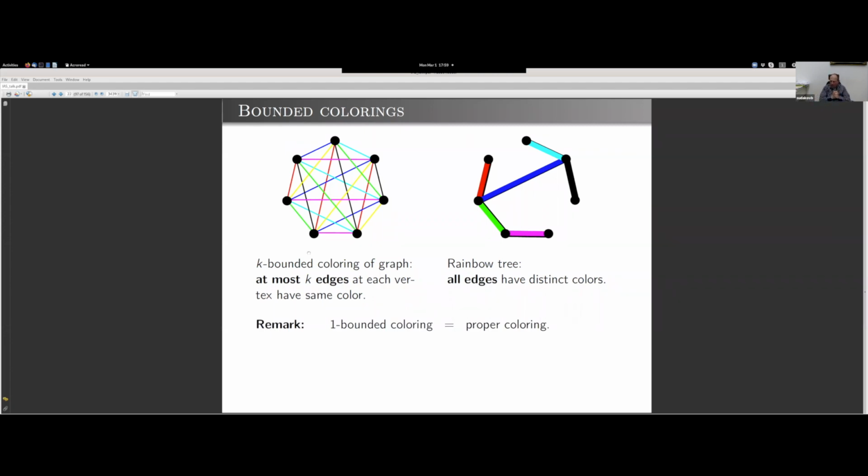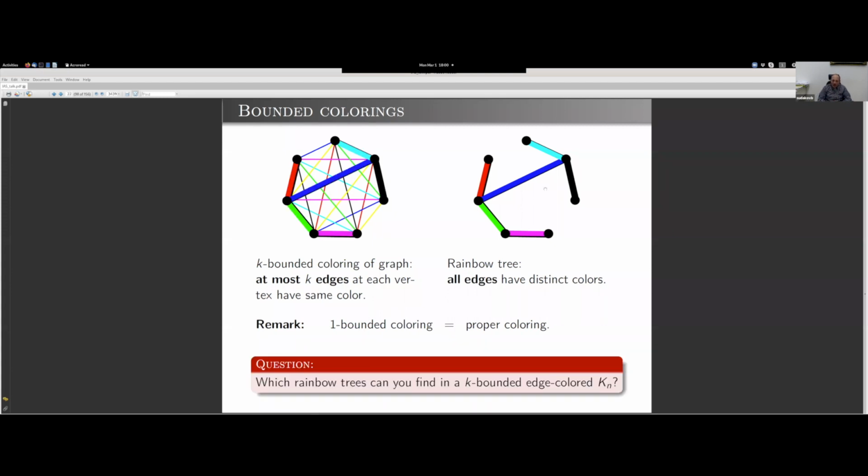For me, my k would usually be fixed. So what I want to do is look at the complete graph on n vertices, with an arbitrary k-bounded coloring. You give me your favorite tree, and the question I want to answer is, can you find this tree in this k-bounded coloring? Can you place it so that the copy which you get is rainbow? This is the question which I want to discuss next.